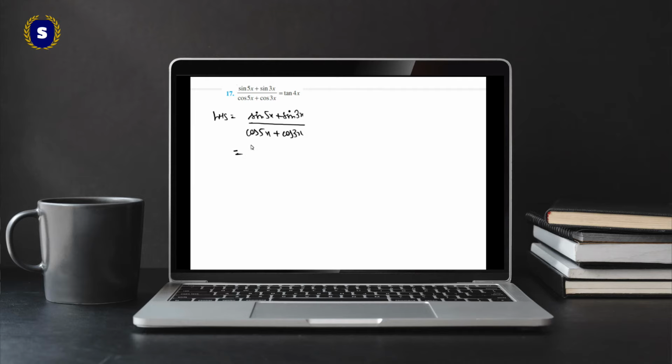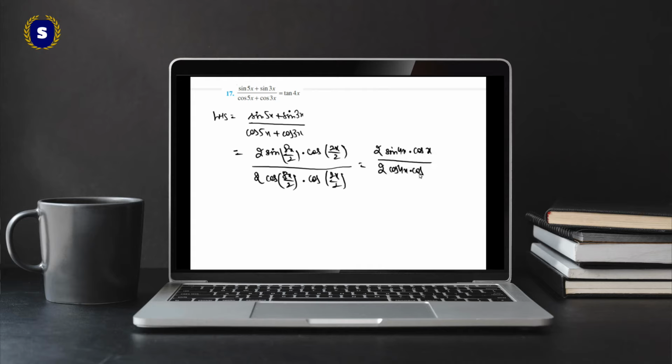Again, using the same kind of identities, we'll get 2 sin (8x divided by 2) into cos (2x divided by 2) upon 2 cos (8x divided by 2) into cos (2x divided by 2). This will form 2 sin 4x cos x upon 2 cos 4x cos x.